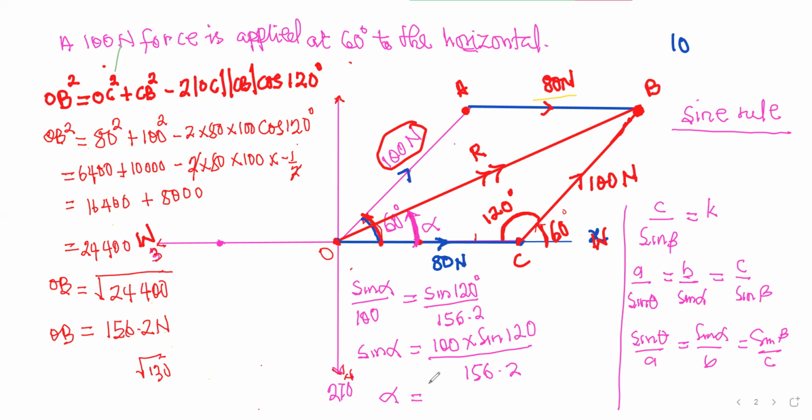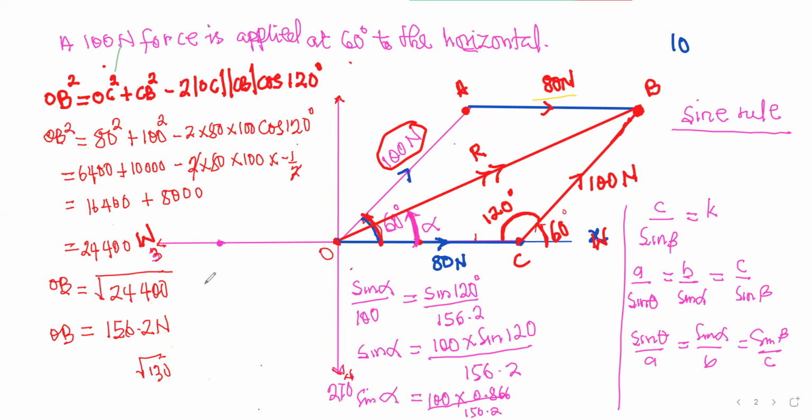Okay, all right. So sine alpha, we have 100 times sine 120, which is the same as sine 60. And sine 60 is 0.866. So this divided by 156.2.